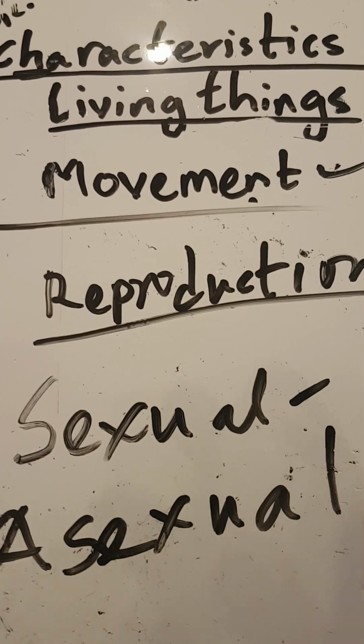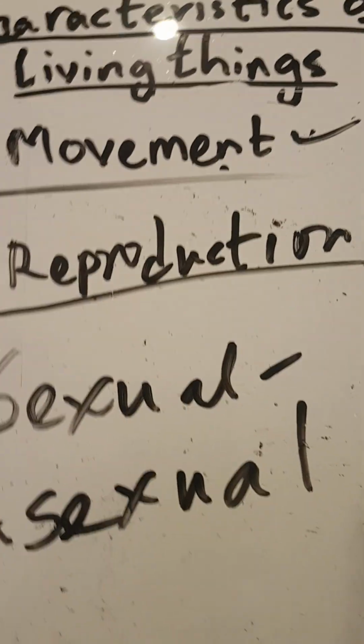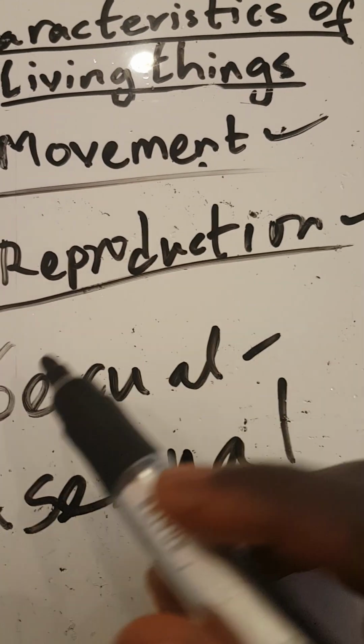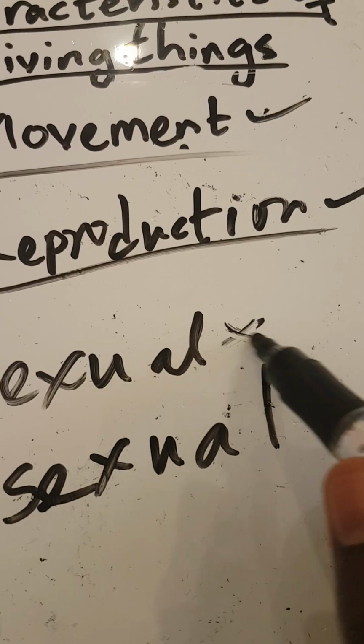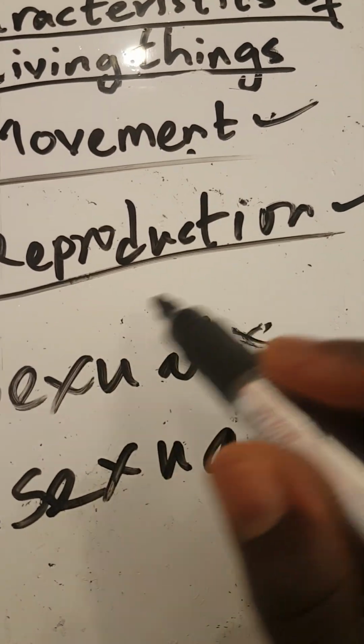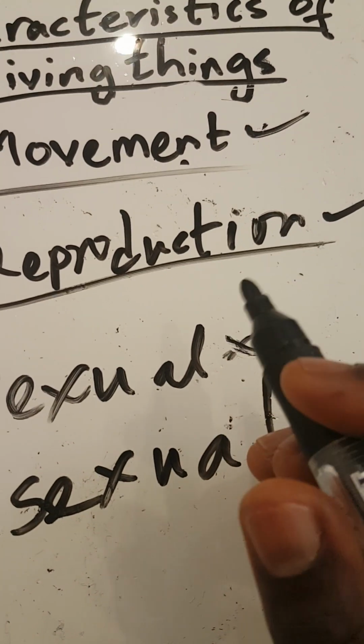You can only have one sex organ and it reproduces. While in animals it has to do with sexual reproduction. Animals come together, they mate, and they produce young ones.